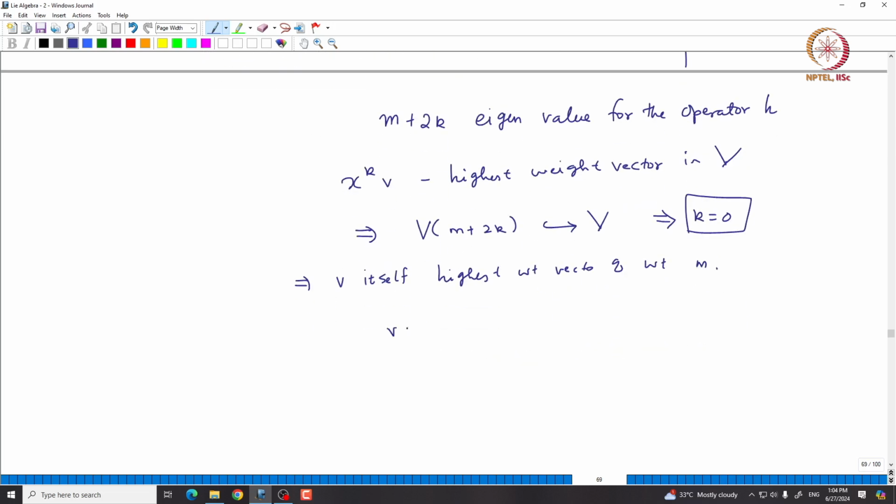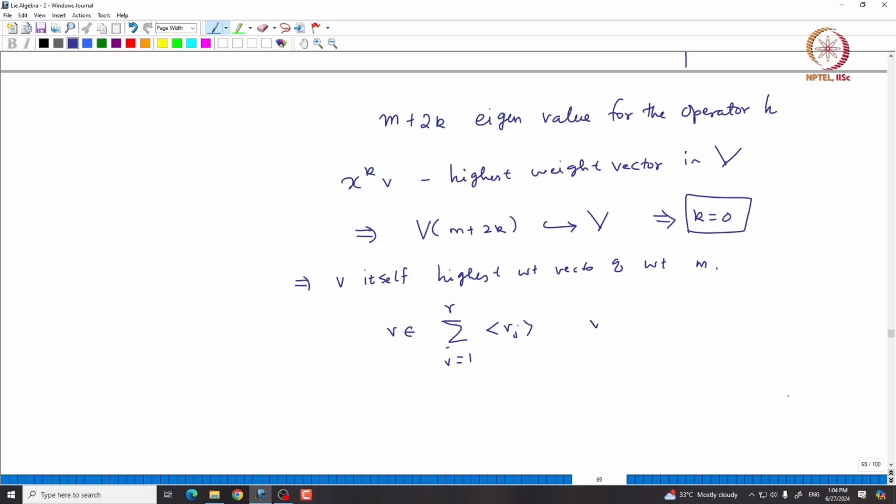That means V has to be inside this summation Vj. Actually, it is one of these Vj. But anyway, that is not necessary. It does not need to be one of the Vj.